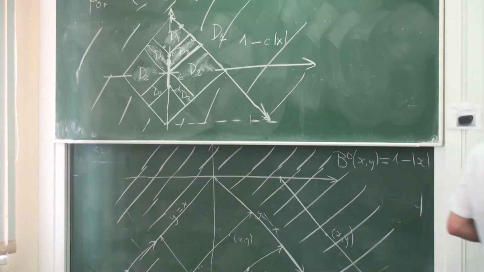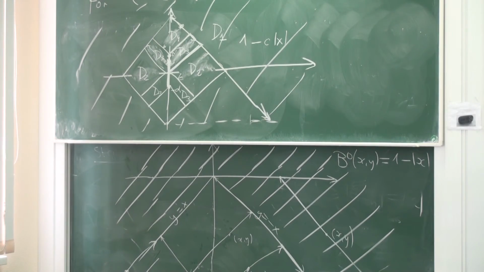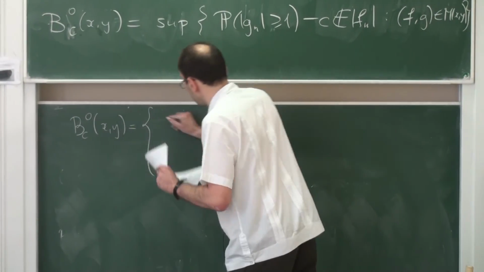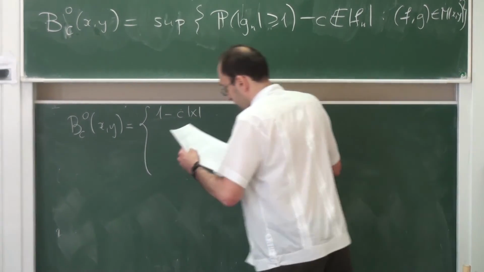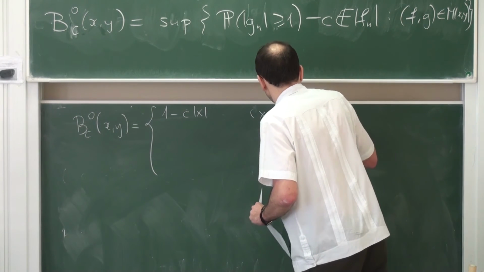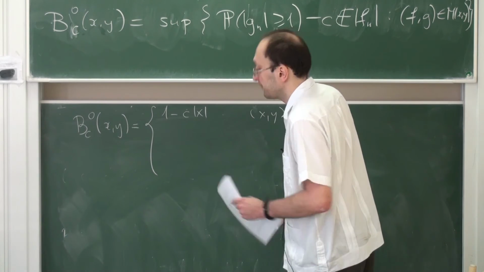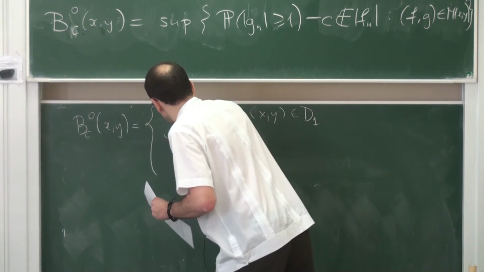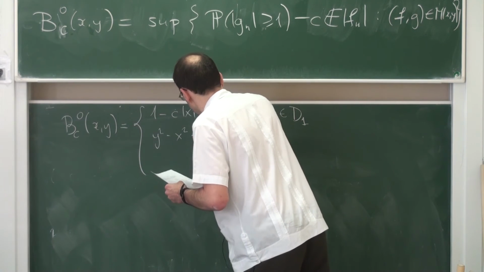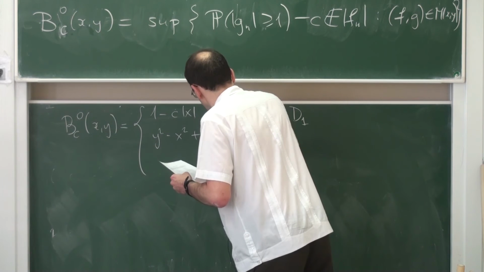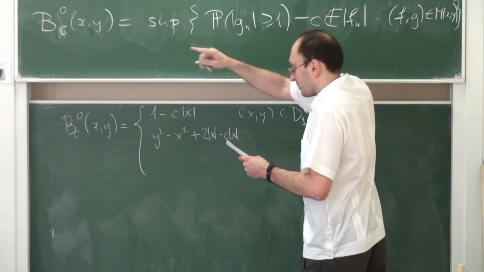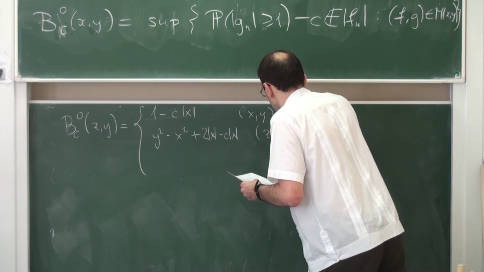Okay, so what you get is 1 minus Cx on D1, okay, y squared minus x squared plus 2x minus Cx. I will specify this number alpha in a minute, okay? But I will just write this formula.